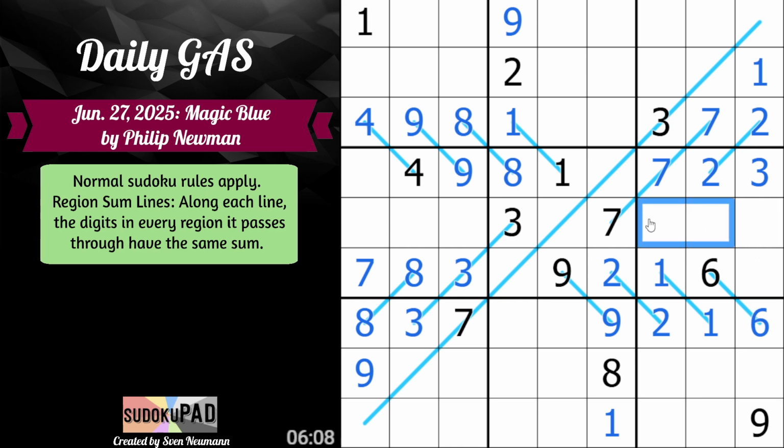I know the 9 in 2 cells. 9, 8, right? This has to be 4, 5, but how does that help us here? 4, 5, 8, and 7.